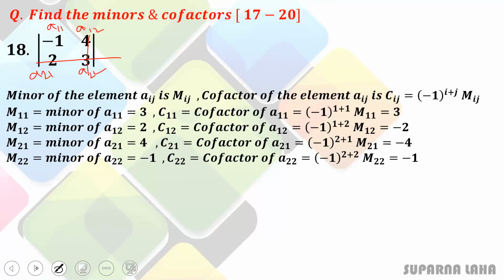Clear? So for number 19 and 20, the determinants given are of order 3. You need to find the minors and cofactors. So this is your homework.